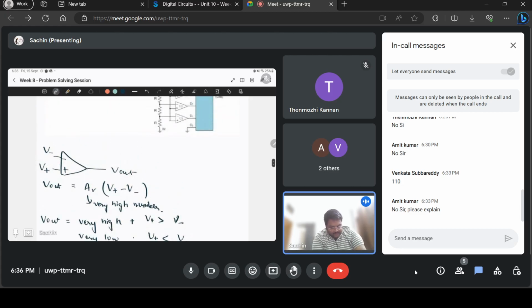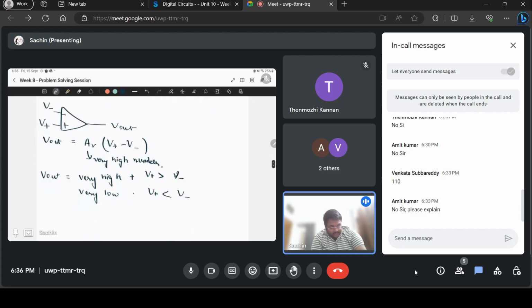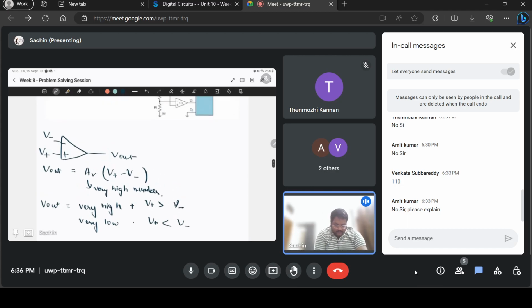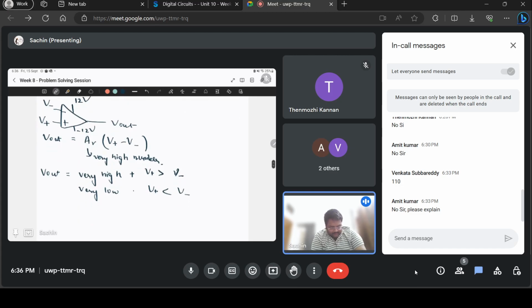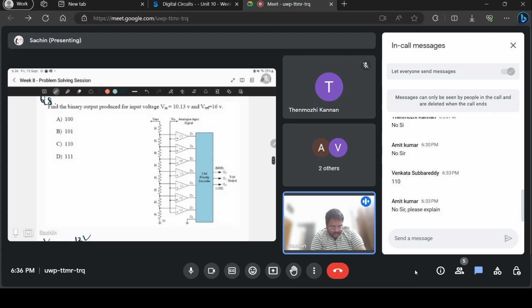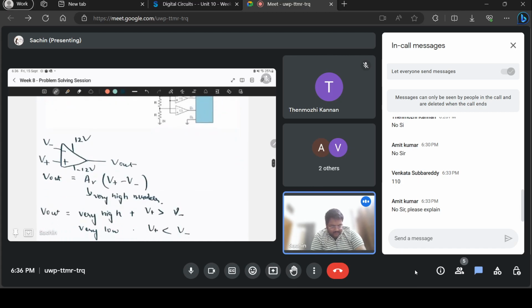But your circuit is connected to some sort of supply voltage, so your output will be restricted to that supply voltage. Let's say it's connected to 12 volts supply, and here it's connected to minus 12 volts. You'll have to do an analog circuit design course to learn this.